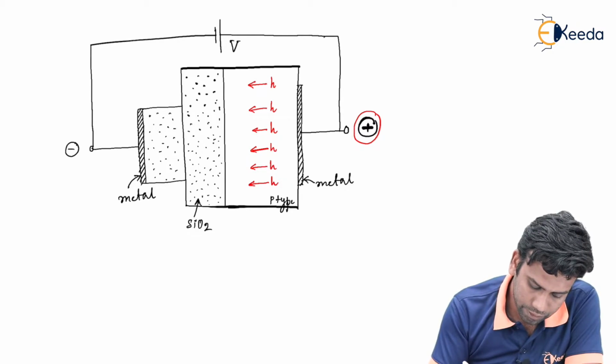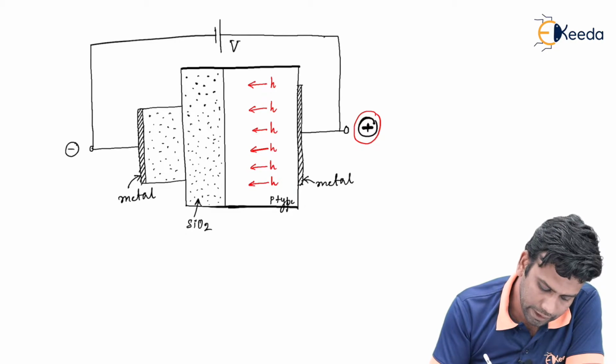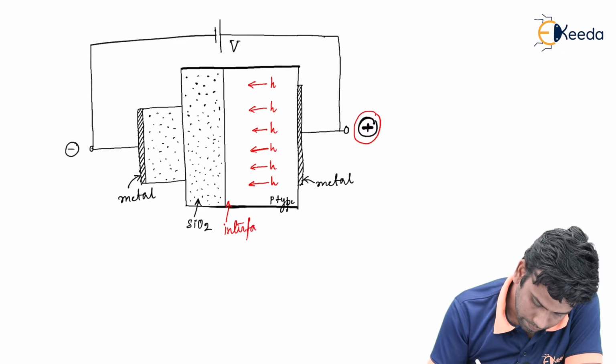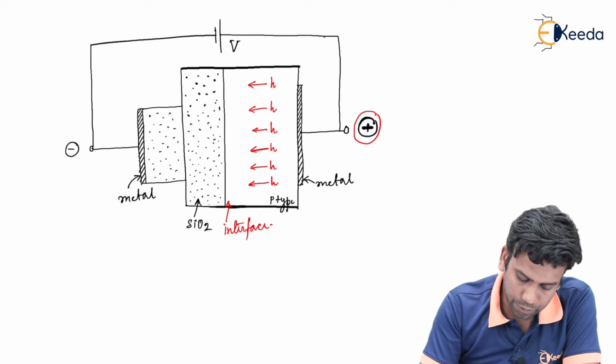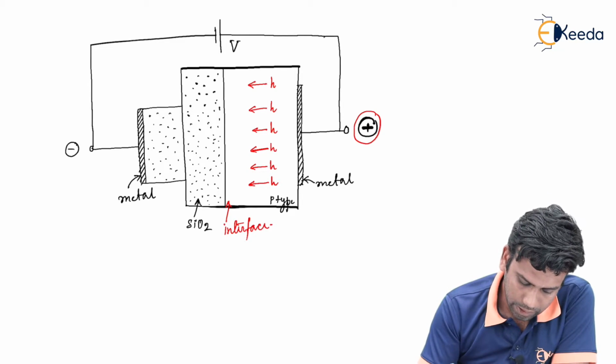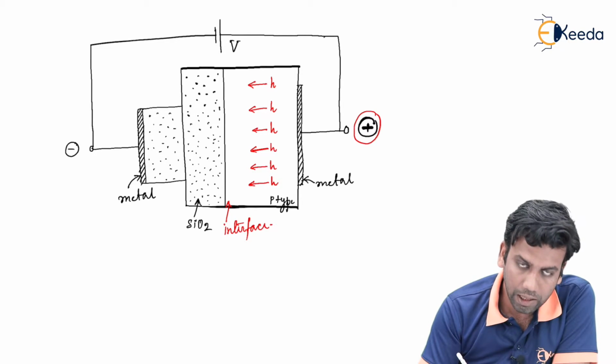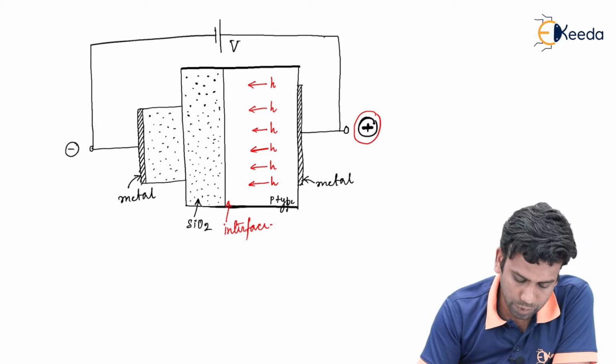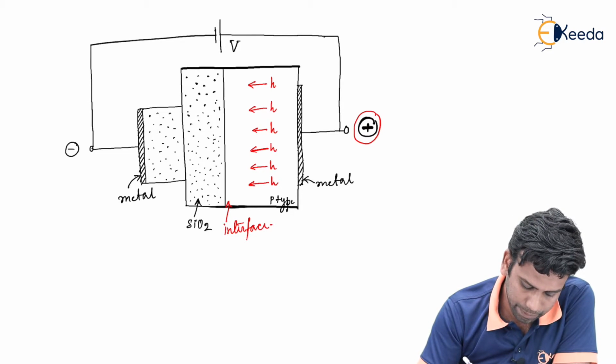Now these holes, when they come to this interface region, so this is the interface region, due to the application of the potential from the outside, the holes in the p-type semiconductor will be attracted towards the interface of the silicon dioxide and p-type material.